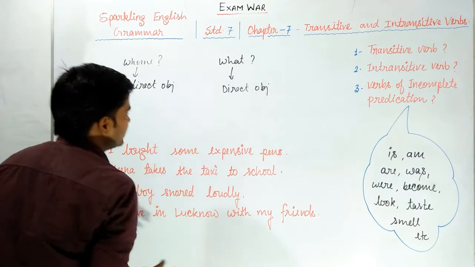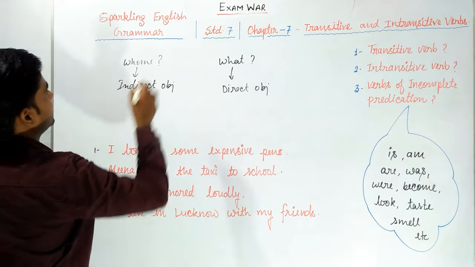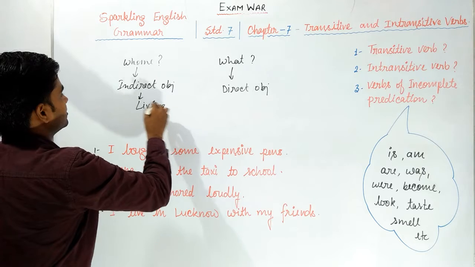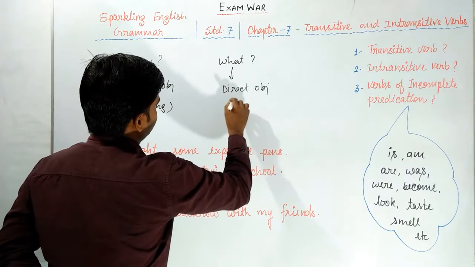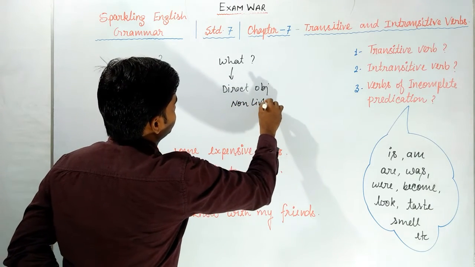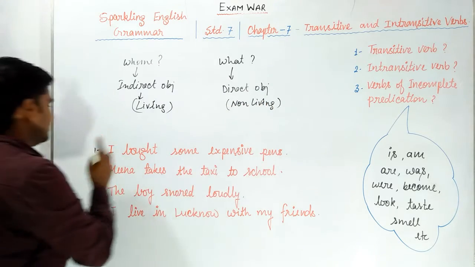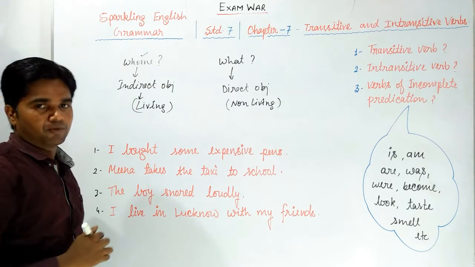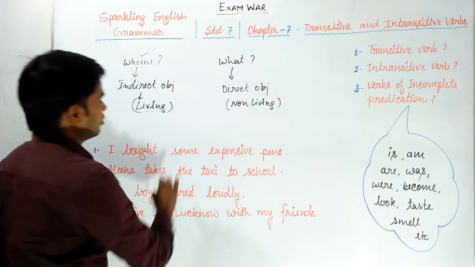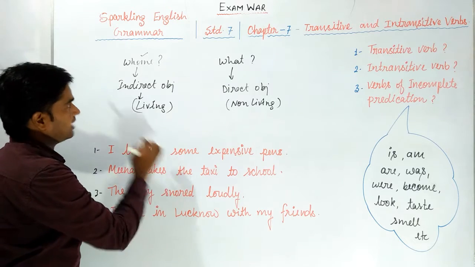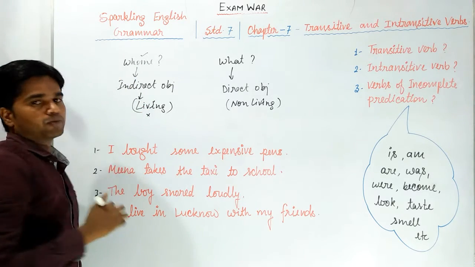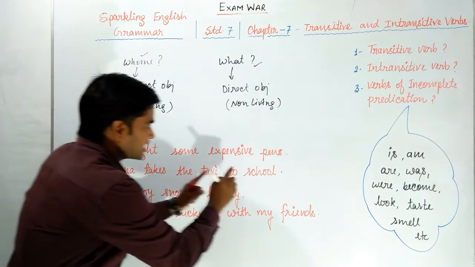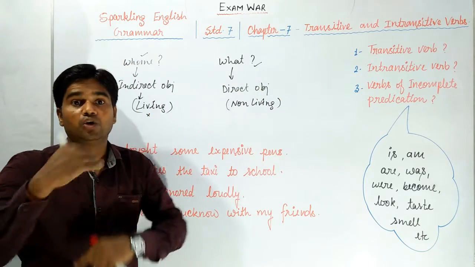I bought some expensive pens. The whom object is always living and the what object is non-living. So my dear students, in the first sentence I cannot ask a question starting with whom, as no living being is given after the verb. Now ask the second one: what I bought?